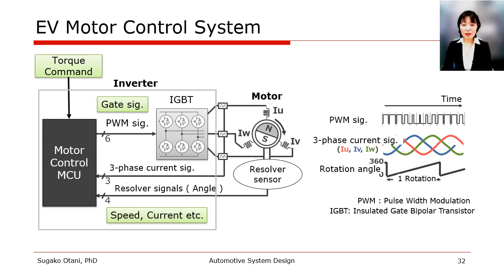To generate torque, the stator windings are energized to create a rotating magnetic field that matches the position of the rotating rotor. A motor control MCU generates PWM signal as gate drive controls to drive a high voltage IGBT driver, which drives an EV motor with 3 alternating currents.